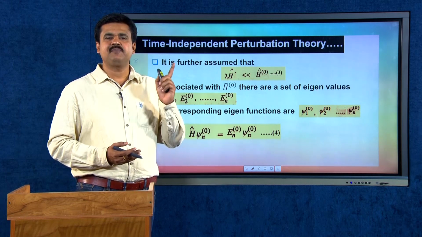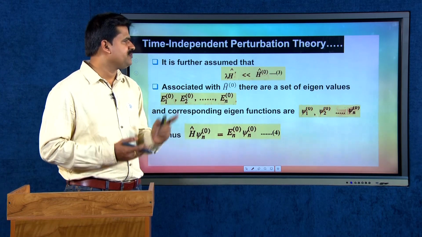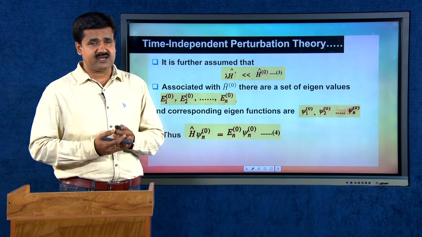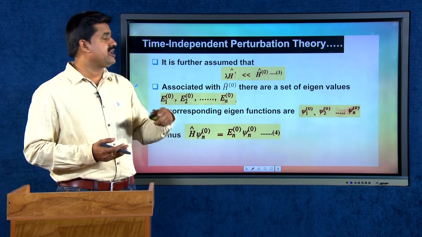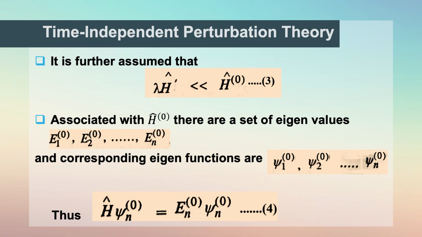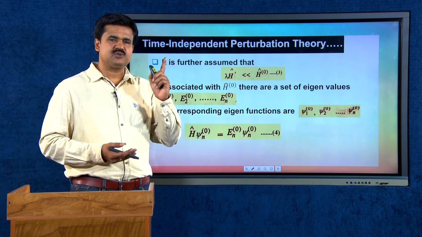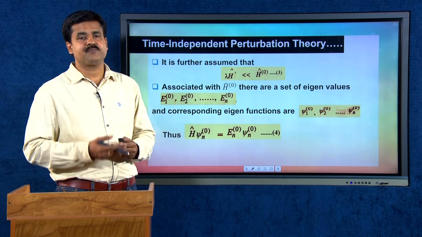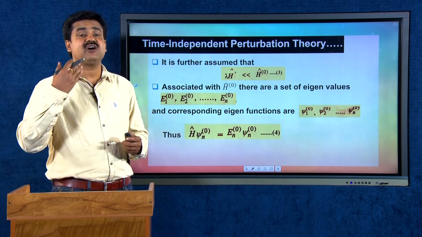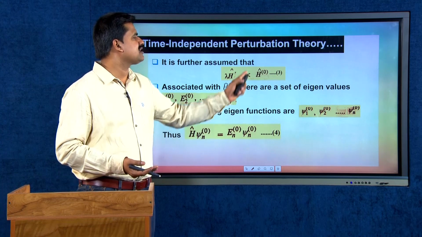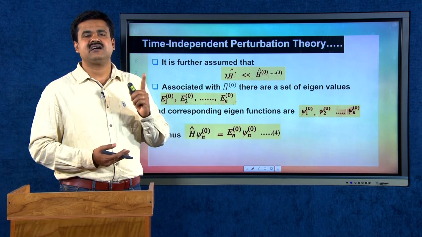Associated with the unperturbed part, that is h hat 0, there is a set of eigenvalues, and the eigenvalues corresponding to the unperturbed part are denoted as E10, E20, En0, etc. We know that energy is the eigenvalue in the Schrodinger wave equation, and here E10, E20, E30, etc. up to En0 are different possible eigenvalues corresponding to the unperturbed Hamiltonian, that is h hat 0.